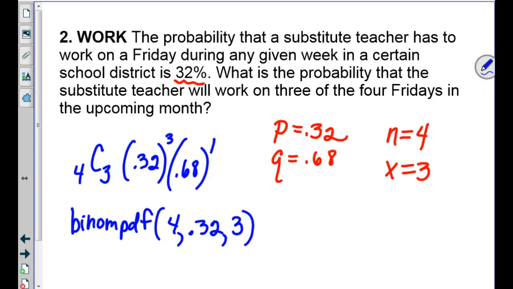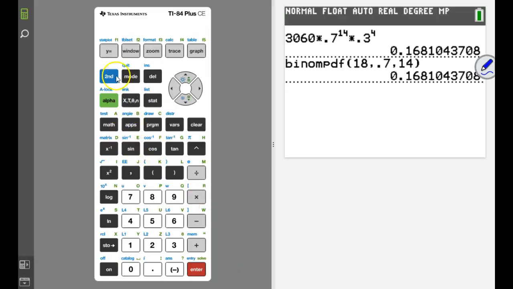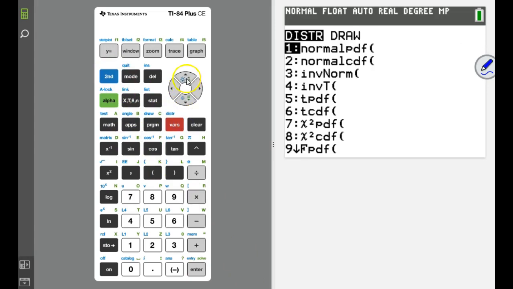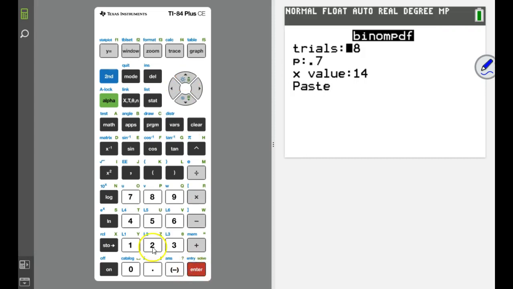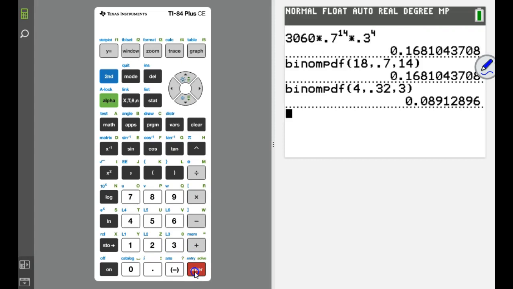All right. I'm just going to go directly to the Binomial PDF. I think it's a little faster if you go this way, but anyway. So 4 trials, was it 0.32, guys? And what's the chance she works 3 of them?